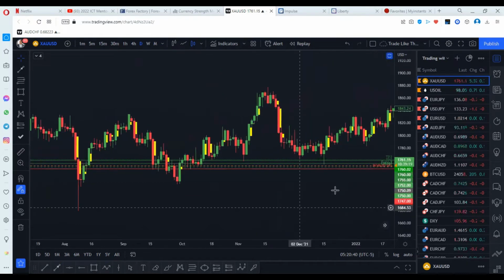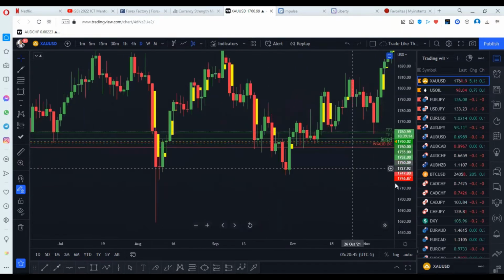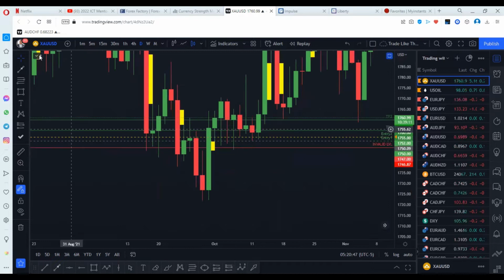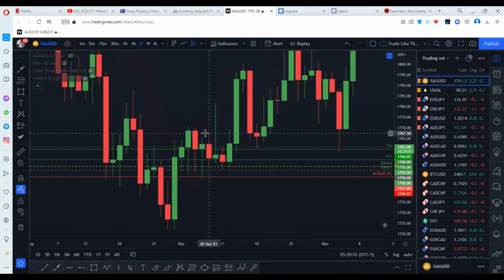You're going to find it a lot cleaner on the lower time frames, but let's do it right here. Here's an example.